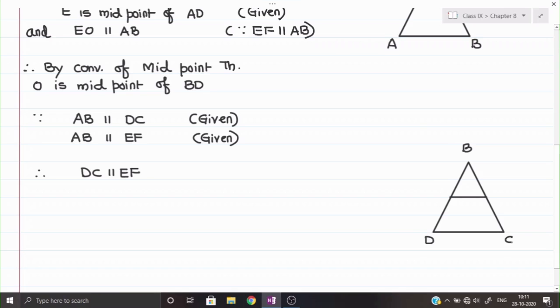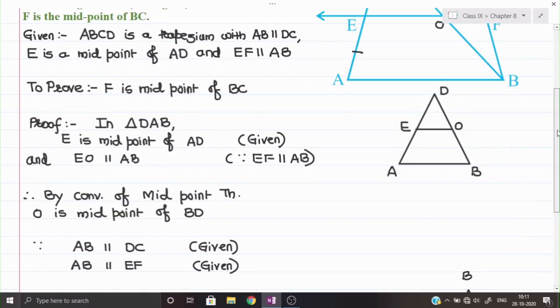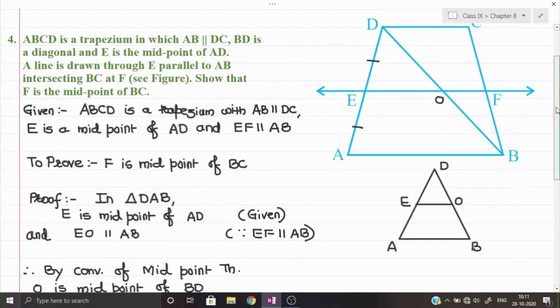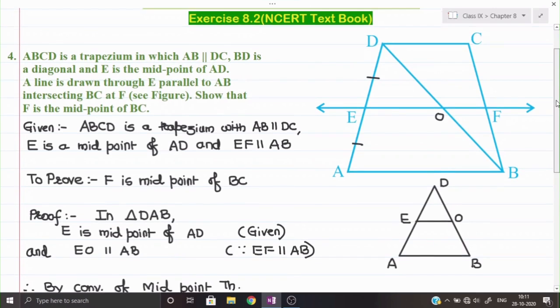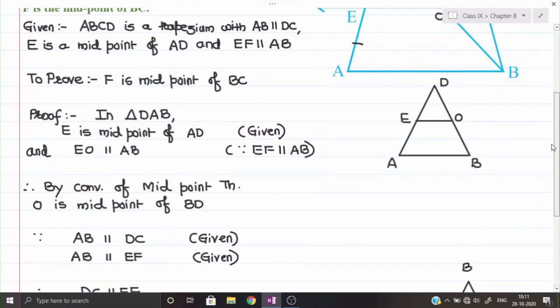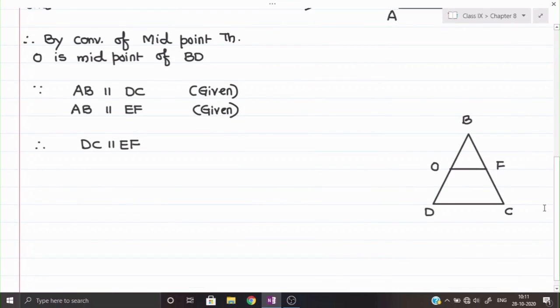D, and here I am taking C. Here point O is there and here we have the point F. Once you check, O is on side BD, or you can say the diagonal BD, right? And F is on the side BC, and we have triangle BCD here. So as per the things given in the question, I have drawn the triangle, and now it is completely understandable.